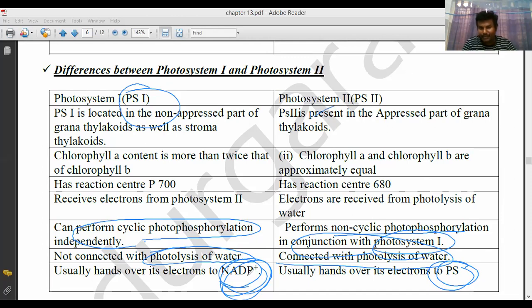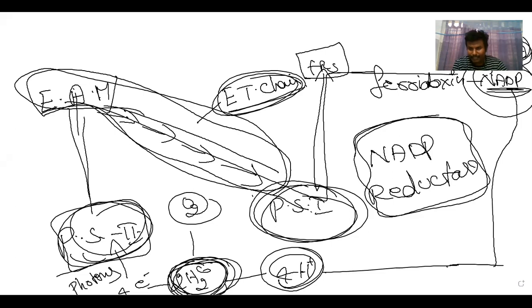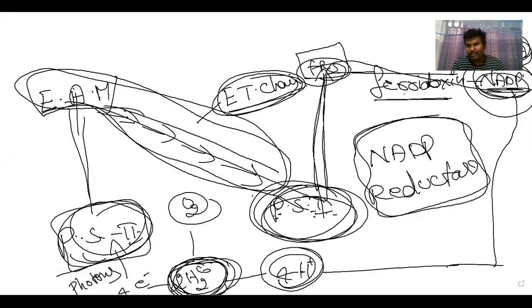The NADP ion receives electrons from ferredoxin, ferredoxin receives electrons from FRS, and FRS receives electrons from PS1. So PS1 adds electrons to the NADP ion through electron acceptor molecules.